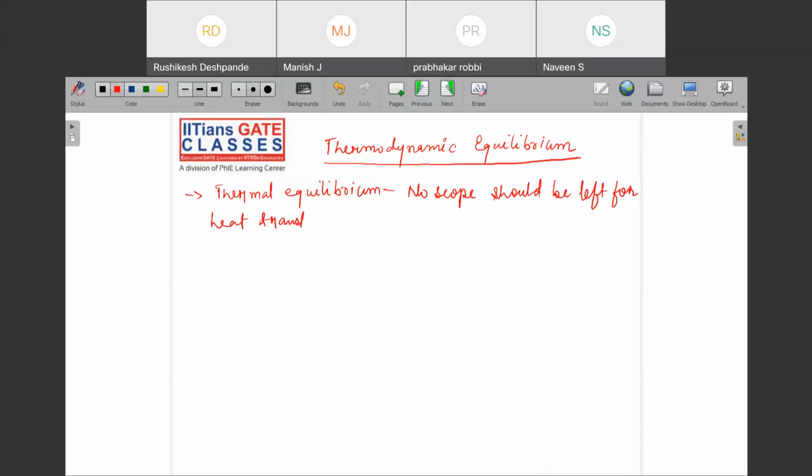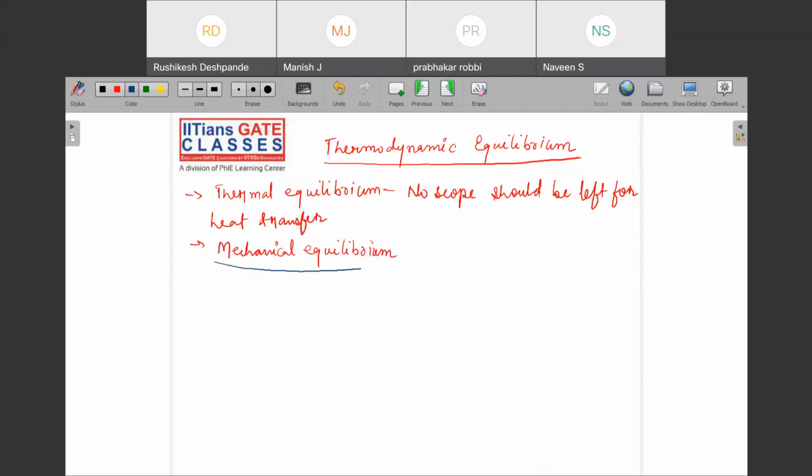Okay, one thing. Second thing is mechanical equilibrium. See, what happens in mechanical equilibrium?